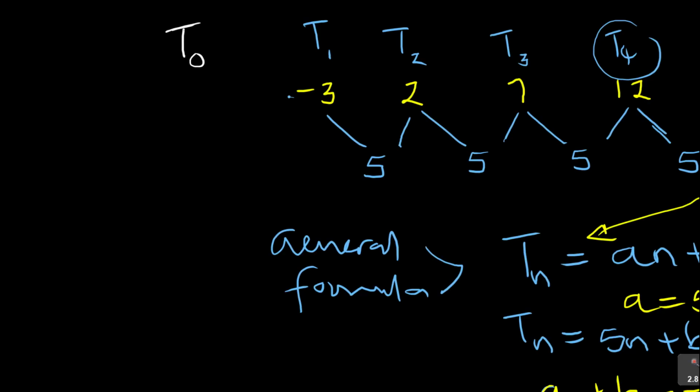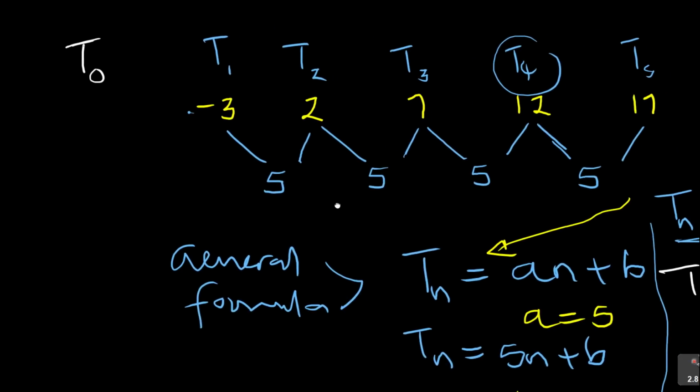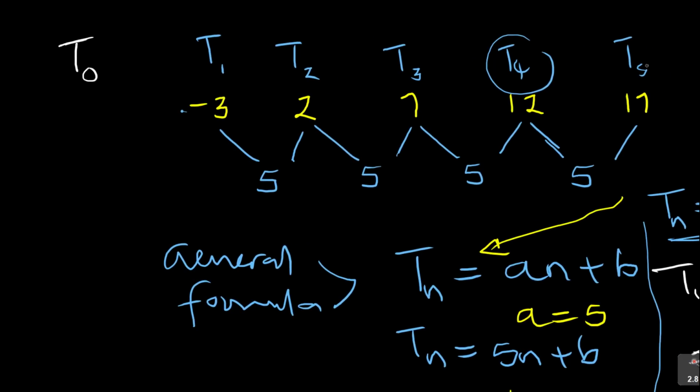To go to T0, let's go backwards. Look at this. I can start from T5. Now pay attention. It's 17 minus 5, I get 12. 12 minus 5, I get 7. 7 minus 5, I get 2. 2 minus 5, take a calculator, I get minus 3.